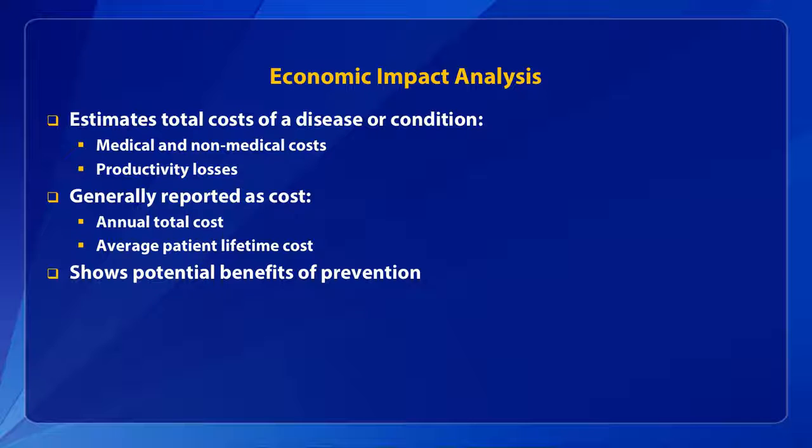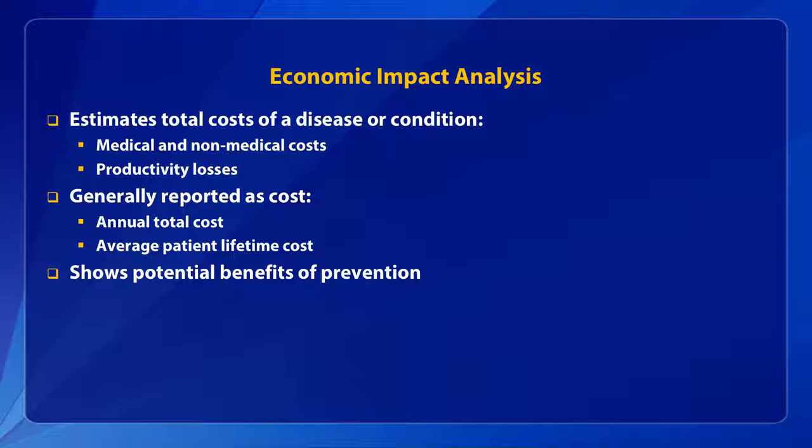Economic impact analyses, sometimes called cost of illness estimates, impact analyses, or economic burden estimates, estimate the total costs of a disease or illness. Economic impact analyses typically include the cost of medical care required to treat or manage an illness. Often, these analyses also include estimates of lost productivity associated with the disease.